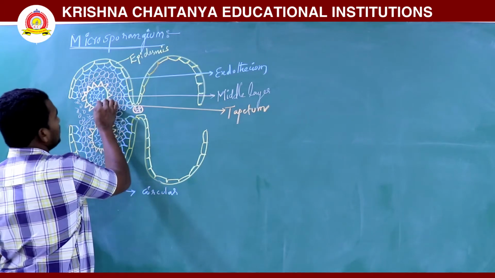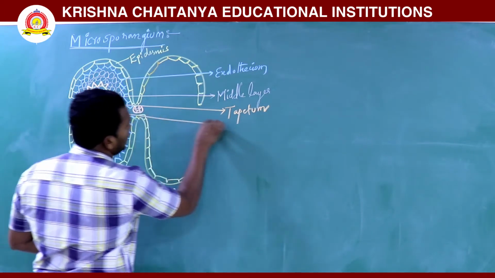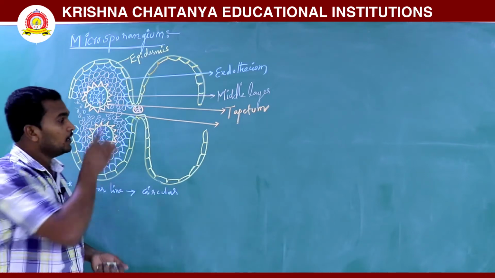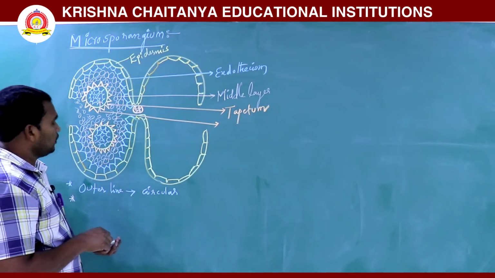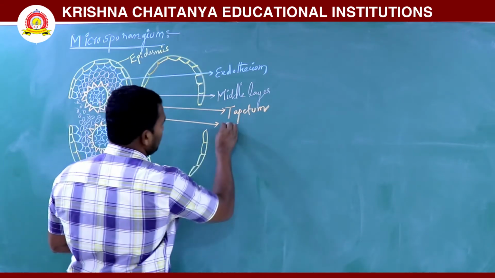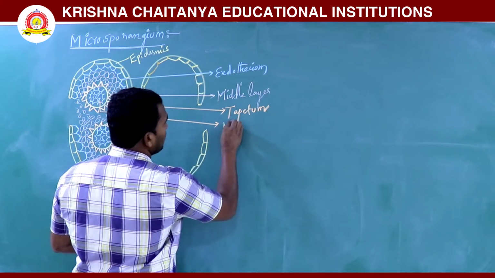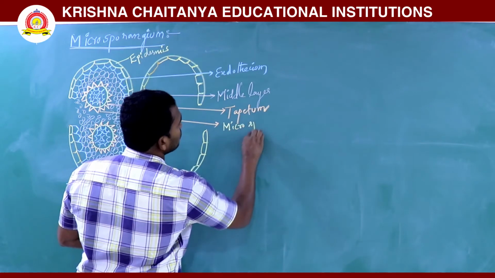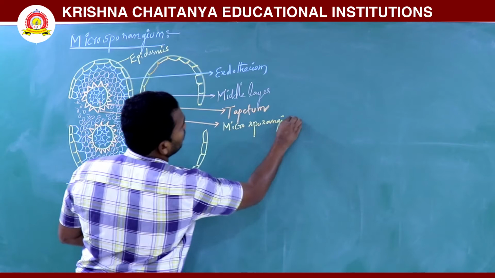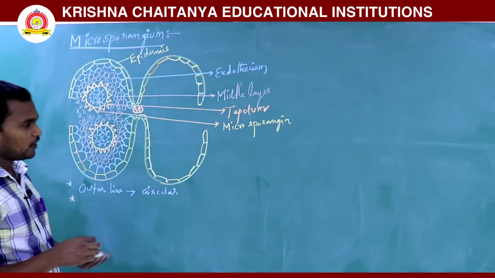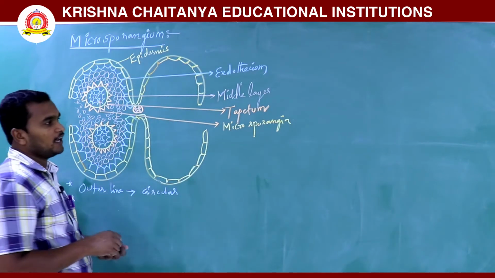A young anther contains only microsporangia. In microsporangia, what type of tissue is there?